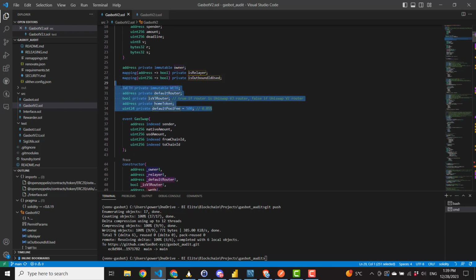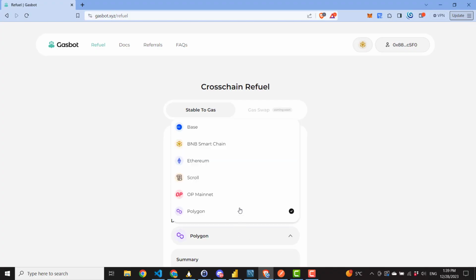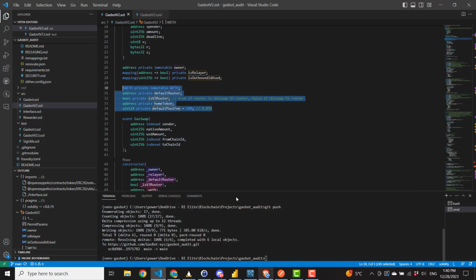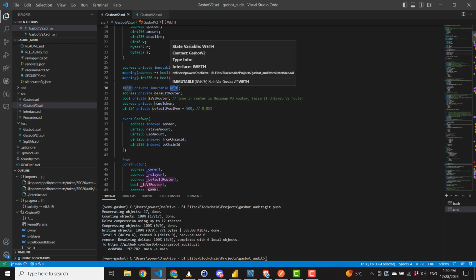These variables right here are important because we're deploying to so many chains. Currently we support 12 different chains, and we have to deploy this contract to every chain. So we need to know their wrapped native address, for instance WETH on Ethereum or wrapped Matic on Polygon.